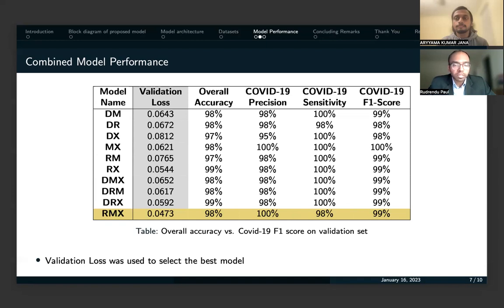But we selected the RMX model solely on the basis of validation loss, which is the lowest for that model across all the models that we ran experiments on. This is the model we finally selected to test on the holdout dataset and also the external validation dataset, where we achieve significantly higher accuracy.